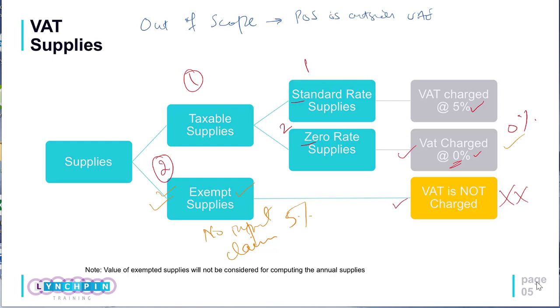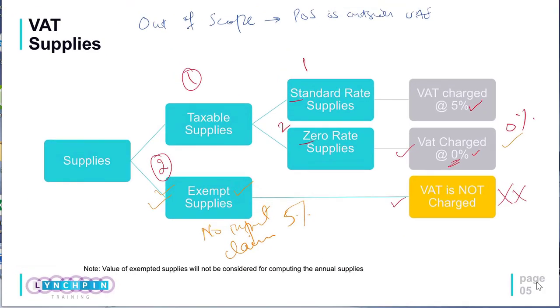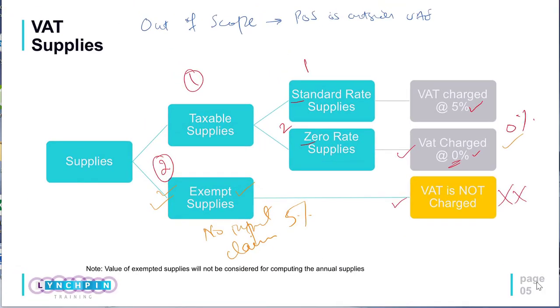Take an example for goods. If I am supplying the goods and the seller is in UAE, its supplier is in China, and its client is, for example, located in UK.